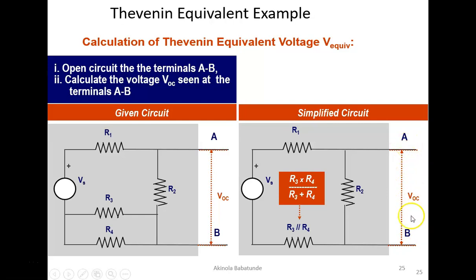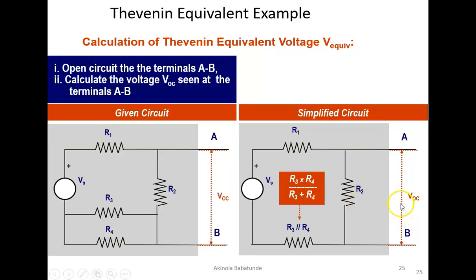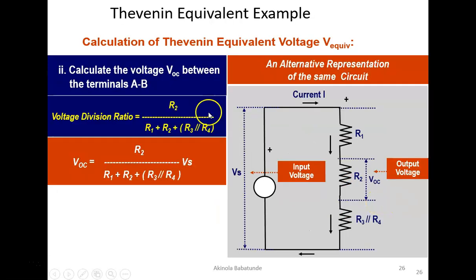So if we use voltage division, we can easily find our open circuit voltage, which will also be equal to V2, because R2 will see VOC, so the voltage across R2 will be equal to the voltage VOC. So we can easily find that.